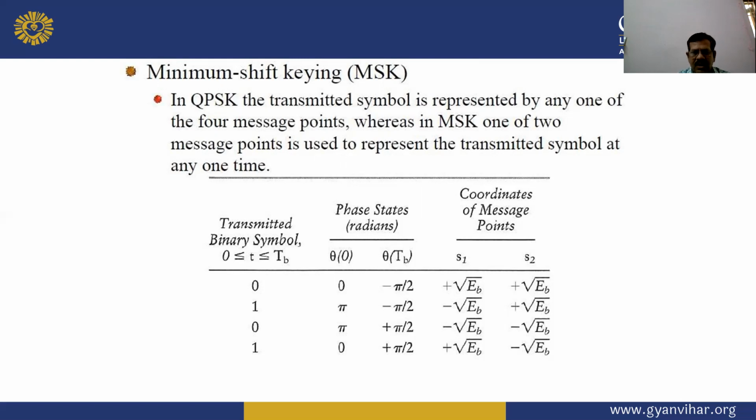S1 is plus square root of EB, minus square root of EB, and similarly the value of s2 is square root of EB and minus square root of EB. So these are the symbols represented by the 4 message points.